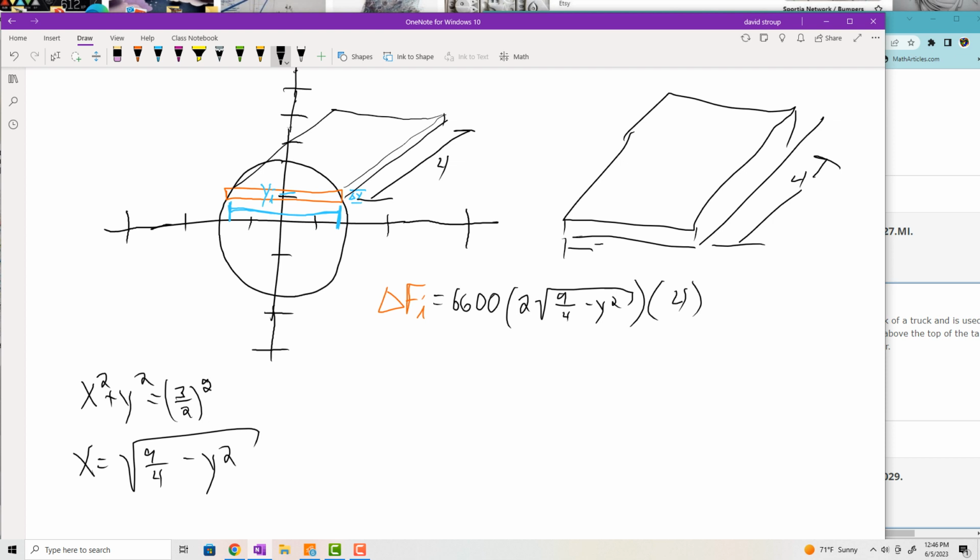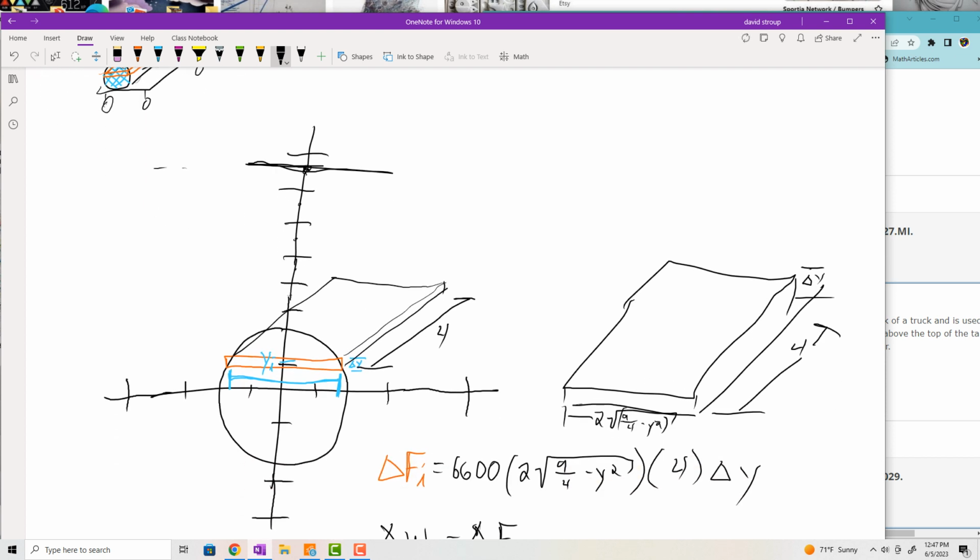This dimension is the 2 square root of 9/4 minus y squared, and then the height is the change in y, and so then times change in y. And then for the work increment, you just take the force increment and multiply it by the distance that we have to push each one of these volumes.